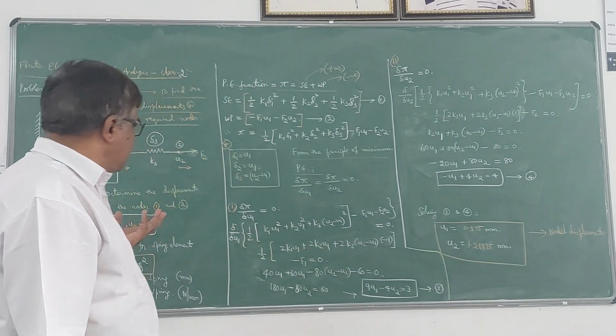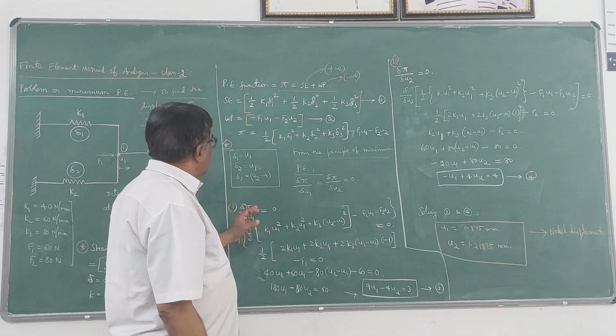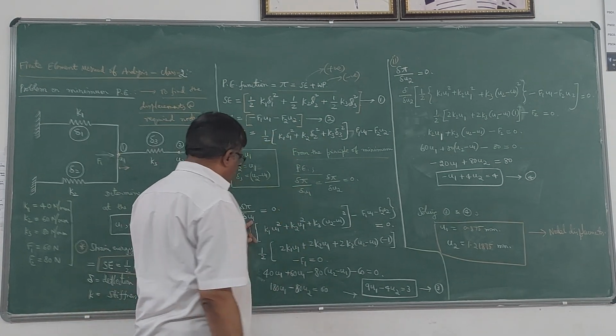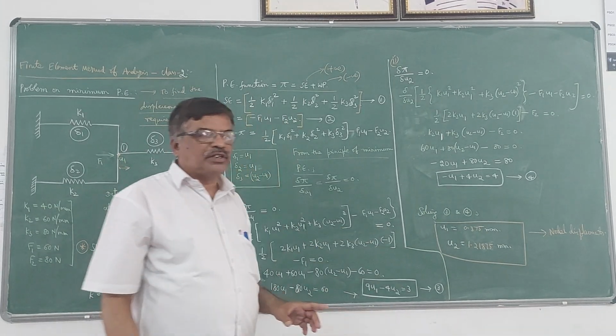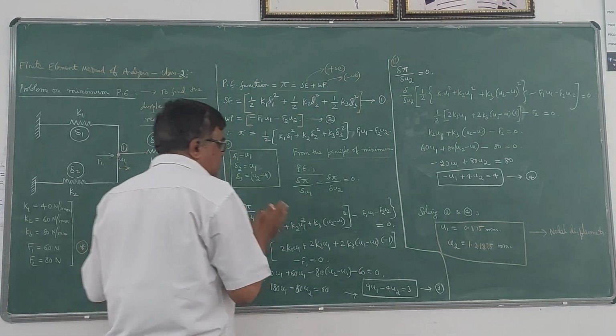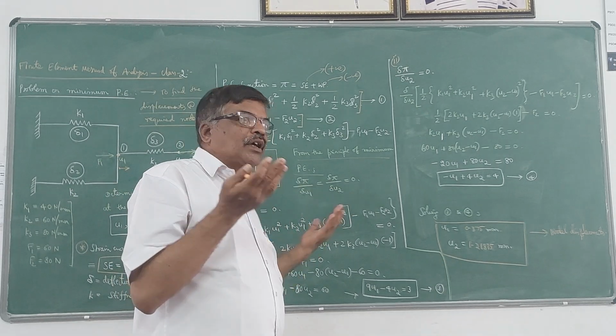Now let us use the first equation, del pi by del u1 is equal to 0. Here this is the expression for pi. You have to differentiate this with respect to u1 partially and equate it to 0. When differentiating the expression of pi with respect to u1 partially, u2 is taken as constant and the derivative of u2 terms becomes 0.